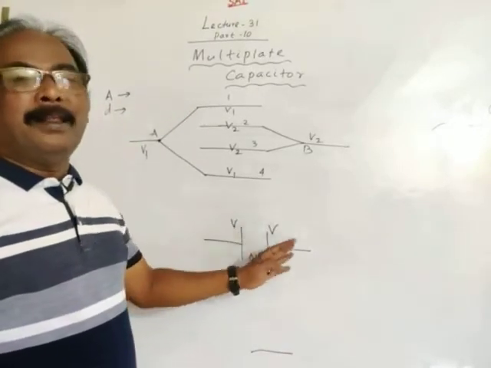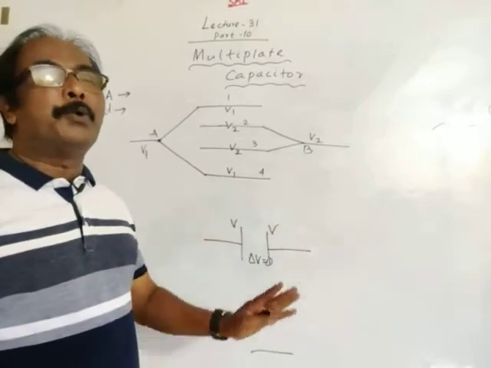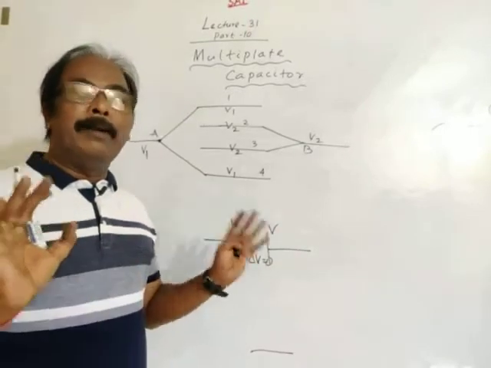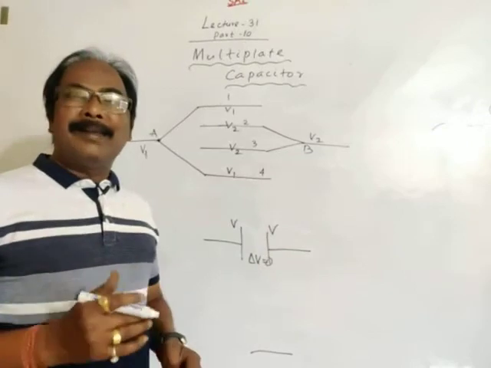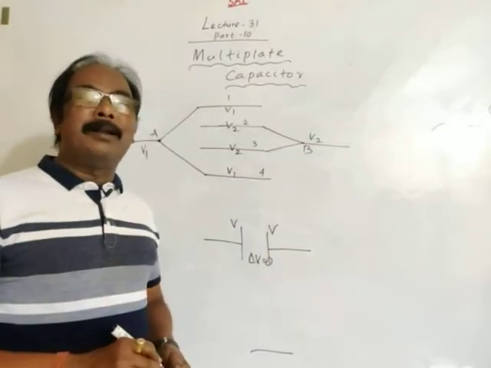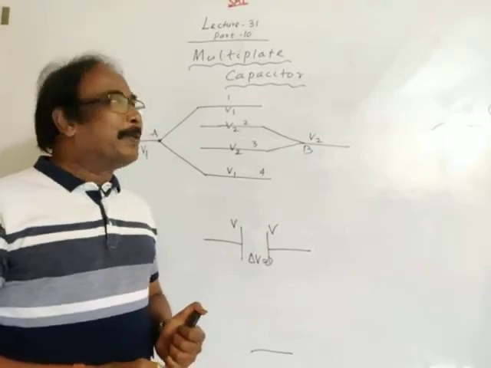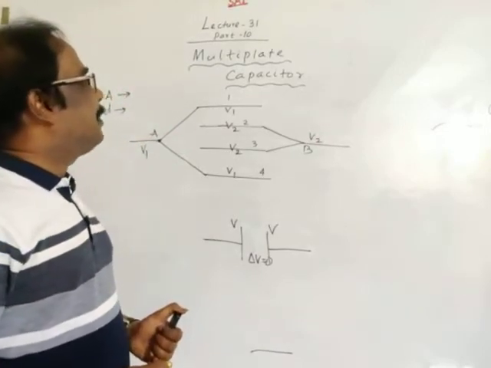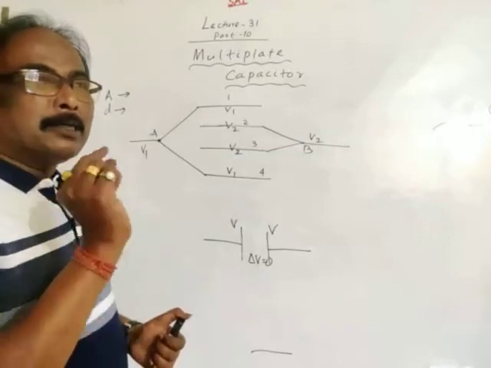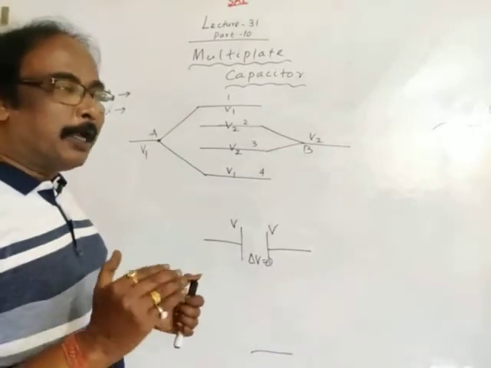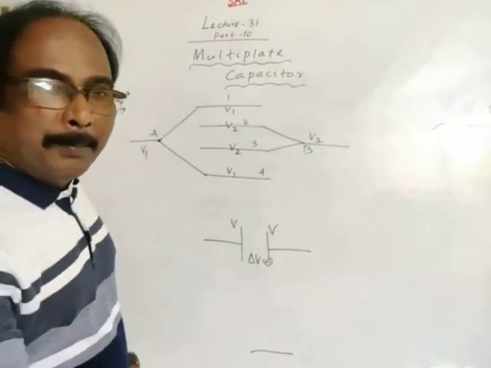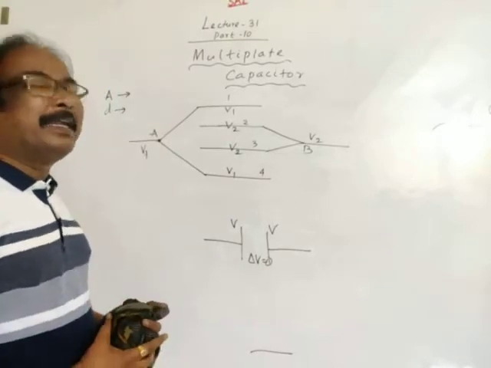It will not give any capacitance because it will not store any charge. Those who have not gone through the lectures, I advise you to go through the previous lectures, part 1 up to part 9, some small lectures on how to find equivalent capacitance using different methods.